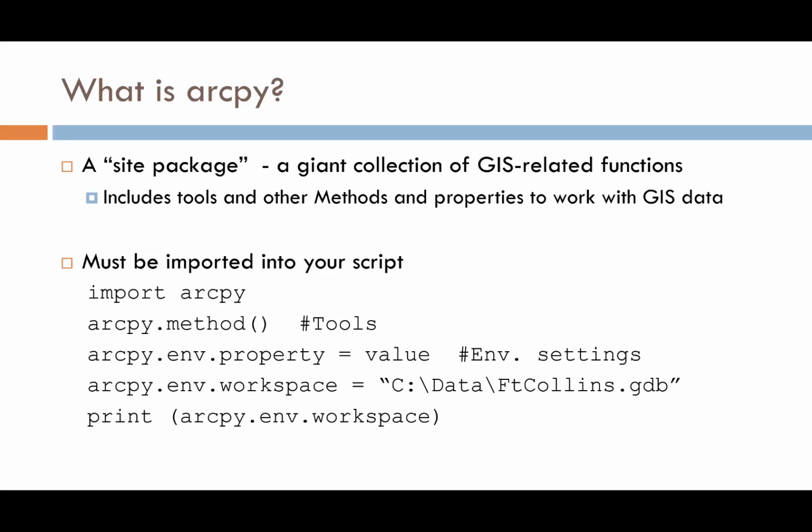Basically, ArcPy gets you access to every single tool in the entire toolbox. So the entire geoprocessing pane, every tool in there, the ones with extensions and everything. And it gets you access to a whole ton of methods and properties for accessing spatial data.